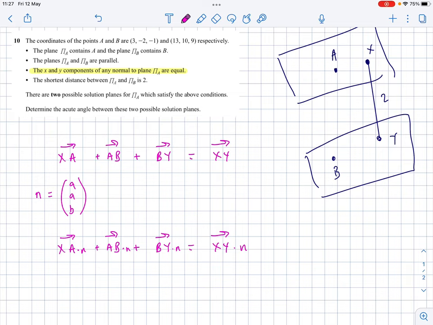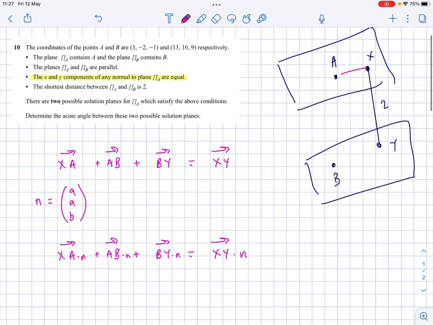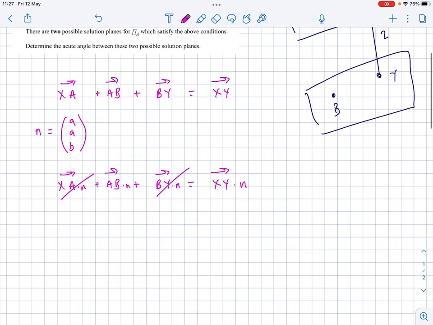And that is what's going to happen with XA, because that line lies along the plane, so it will be perpendicular to any normal. And it's also what's going to happen to BY. So they're going to disappear. And then, after we've done that, we can take the magnitude of each side.